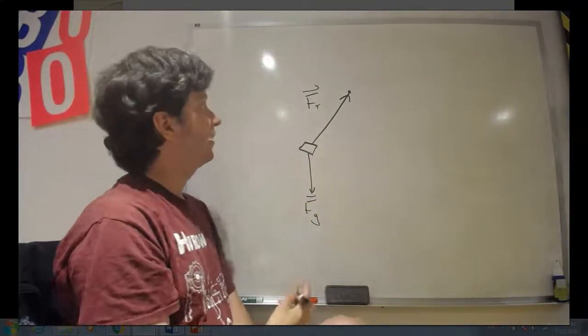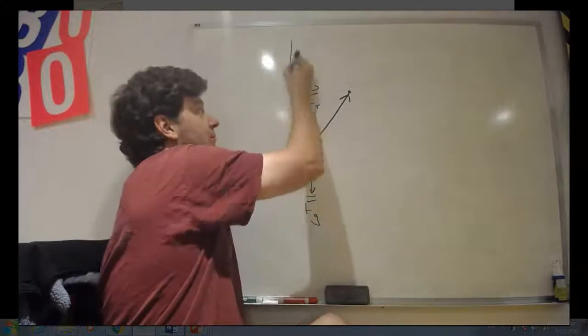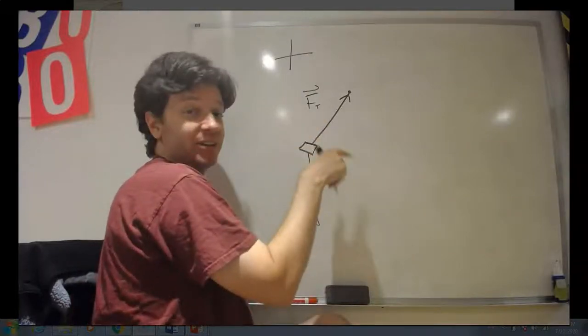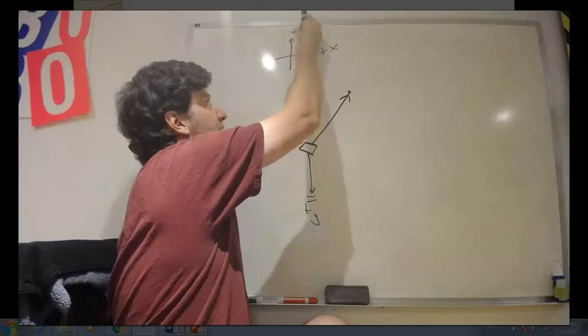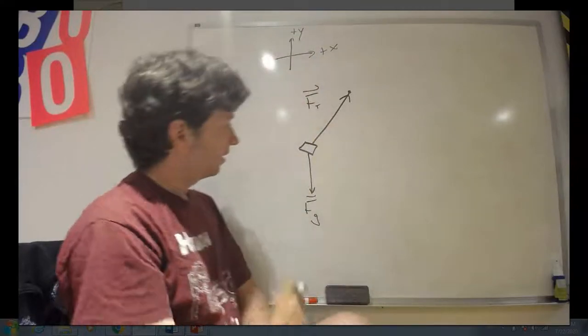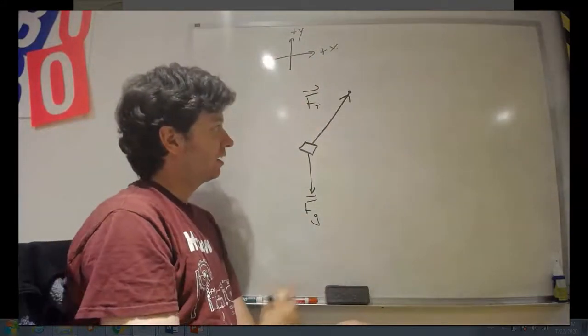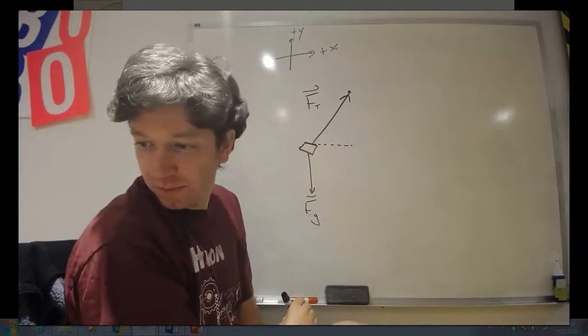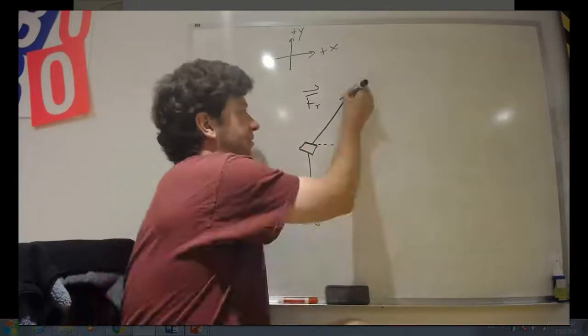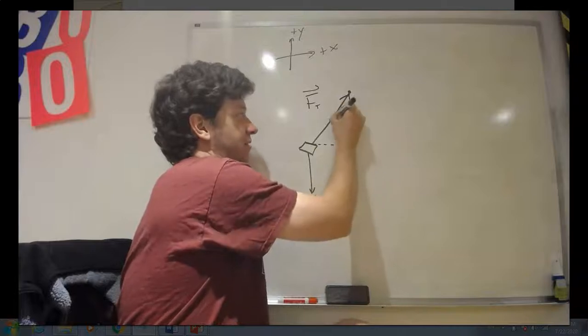And we can create a coordinate system. Since we're accelerating in this direction, I'm going to make that direction positive. All right. Now I'm going to write components. And it says makes an angle of 10 degrees with the vertical. So that means this is 10 degrees.